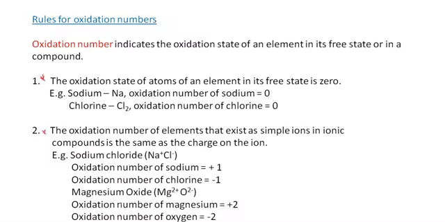Another example is magnesium oxide. We have Mg2+ ions and O2- ions present. So the oxidation number of magnesium is +2 and the oxidation number of oxygen is -2.